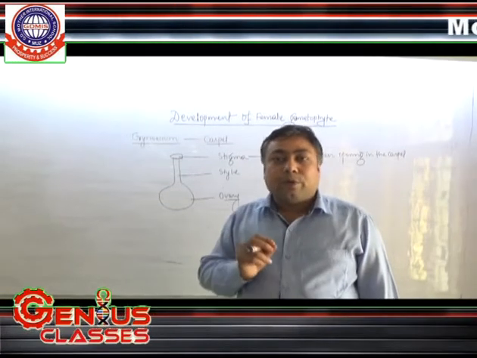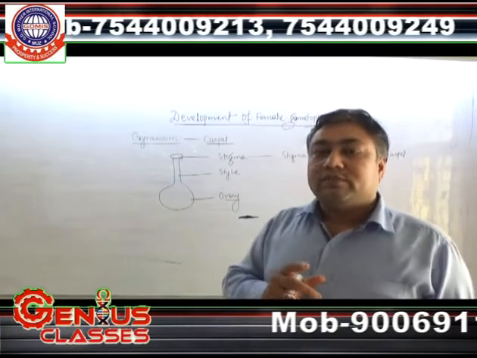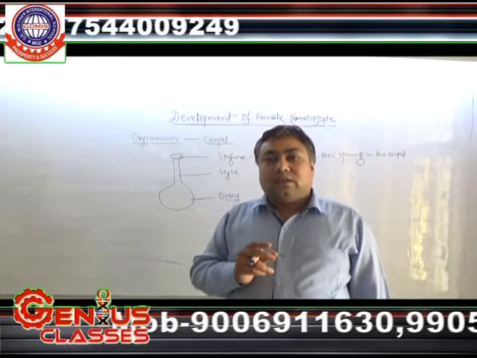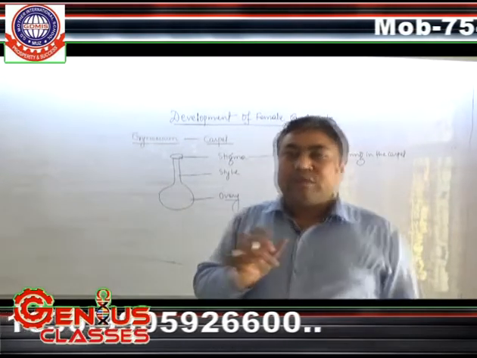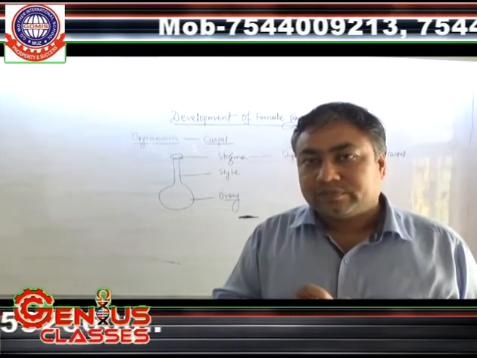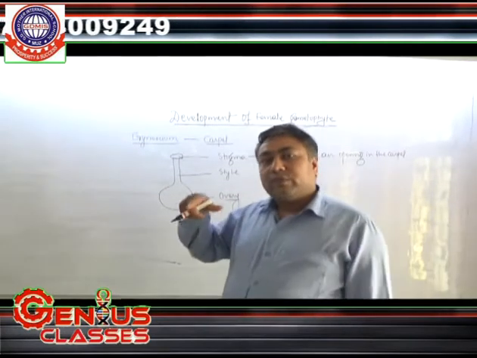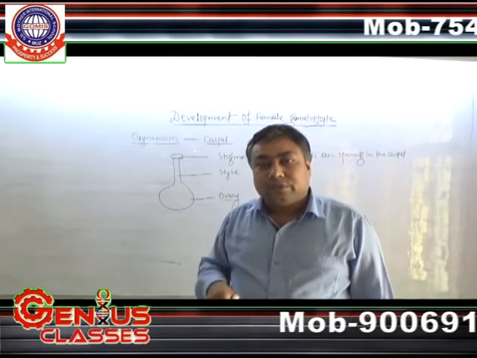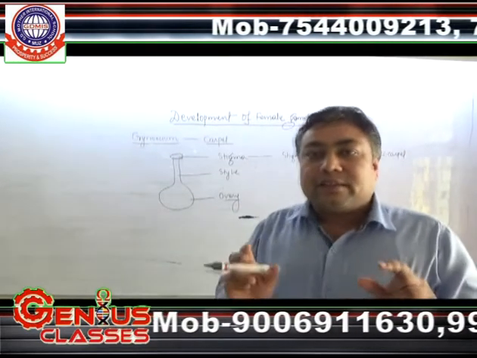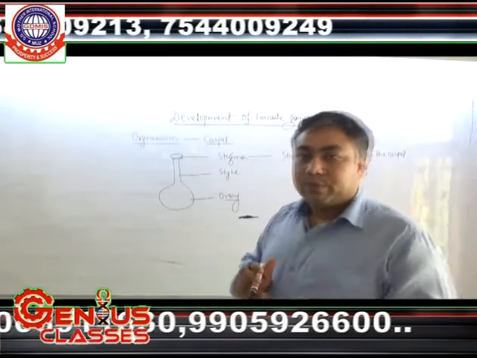The growth of the pollen tube towards the ovary is called chemotropic movement, because the growth of the tube is directed towards the ovary, and the stimulus is a chemical from the ovary. That's why it is chemotropic.